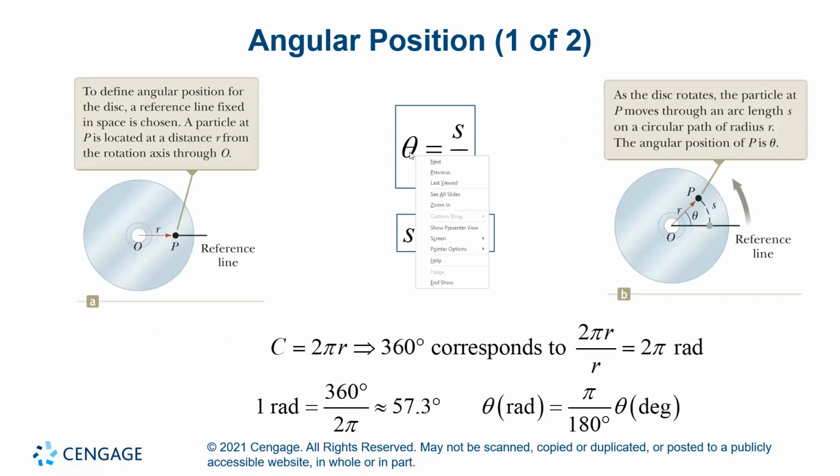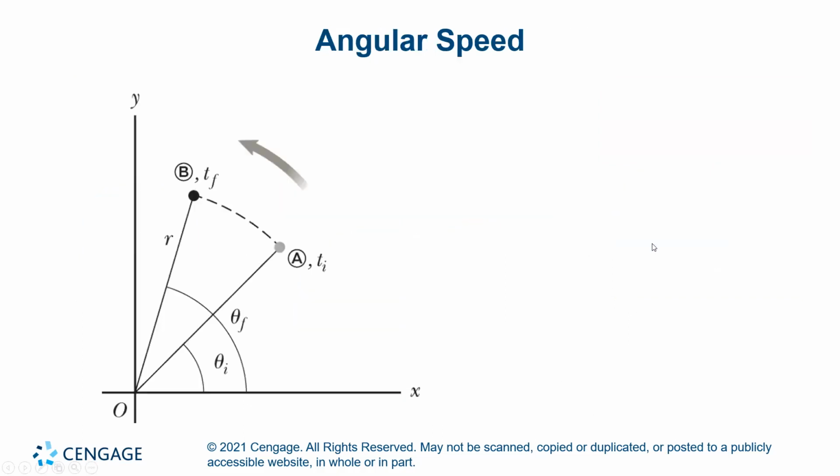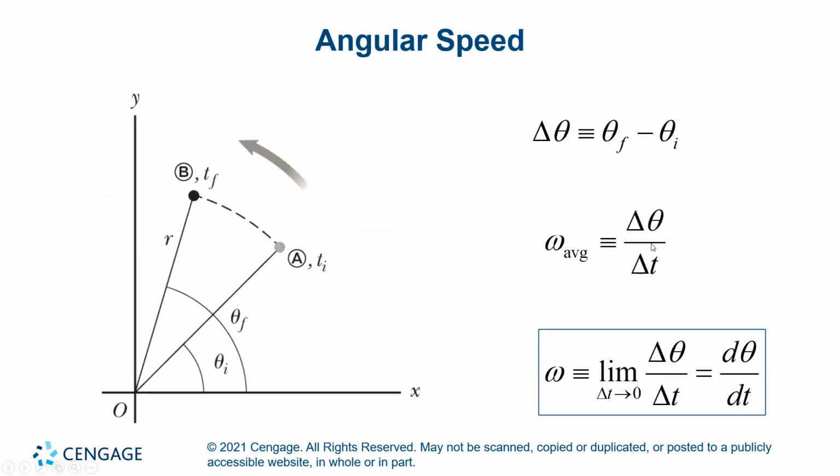The definition of theta is S over R. S here is in terms of meters. R is also in terms of meters. Meters over meters is 1. So in reality, the angular position in terms of radians is dimensionless. So the unit is radians per second, but that is equivalent to 1 over second since radians is dimensionless.